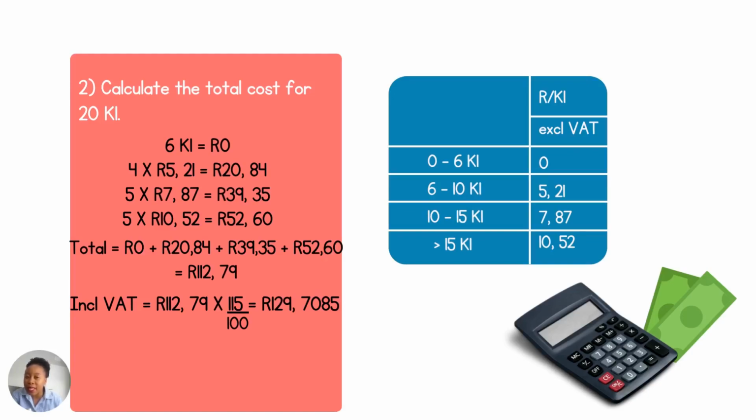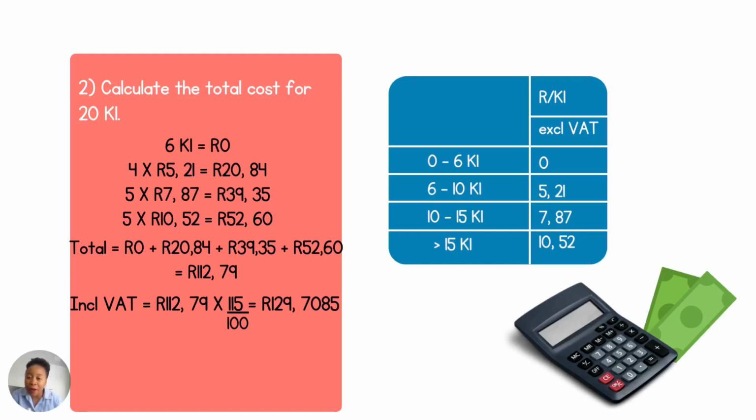But if you really don't understand how this is done, you can stick to calculating VAT first by multiplying the answer by 15 over 100 and then adding that VAT to the answer you got to get the final answer. But I think I will record another video explaining how to use the shortcut method using the formula of 115 over 100.